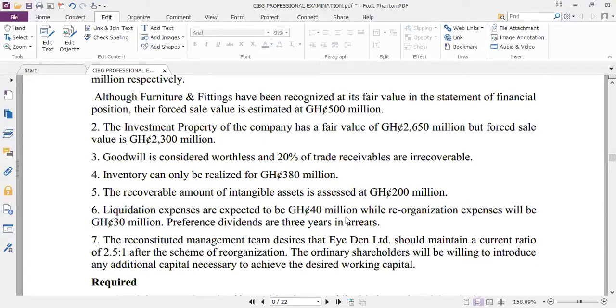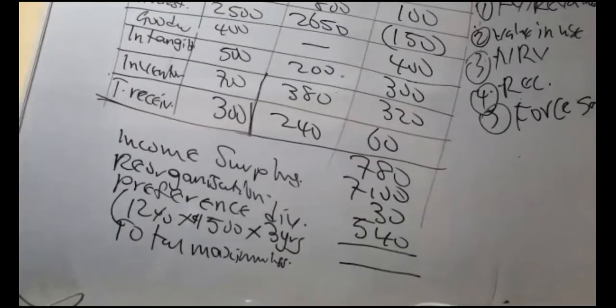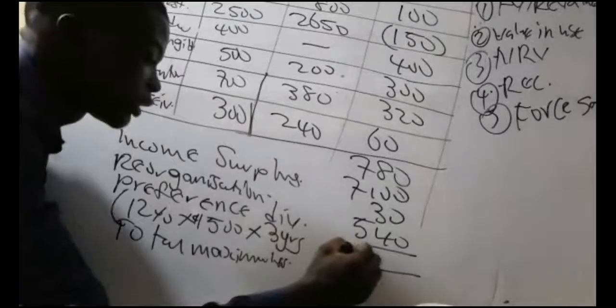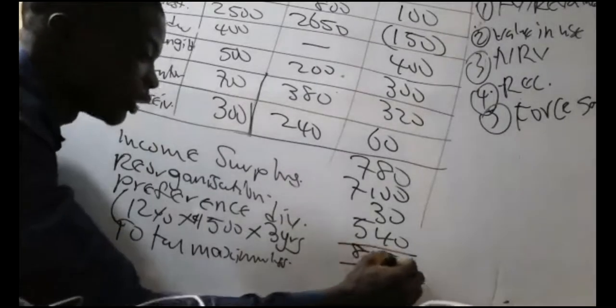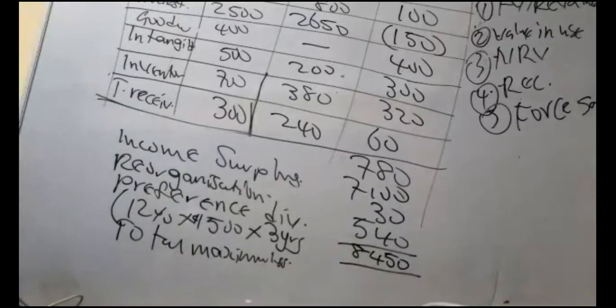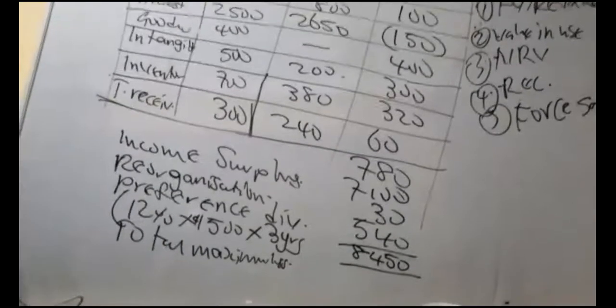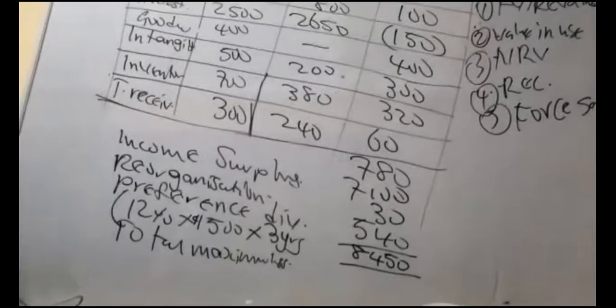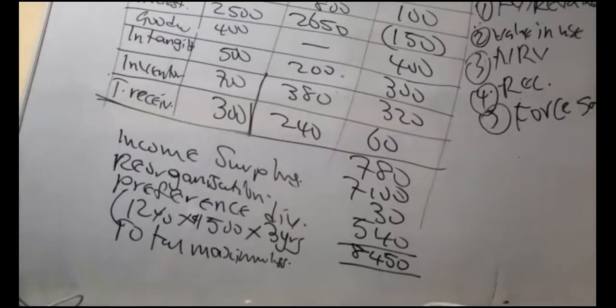If there are 3 years in arrears, what do you do? Find it, multiply by 3, you're done. So that is it. Great. So it will be 8450. This is the total maximum loss that we are likely to claim from our balance sheet or our books before we go.